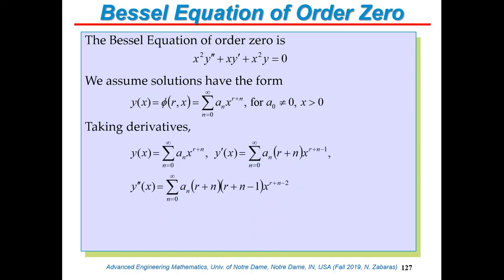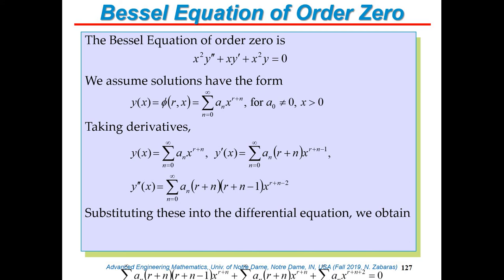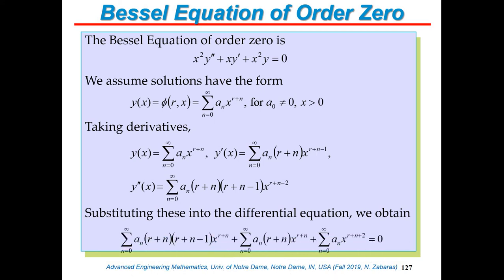And if you take derivatives of this, we have done this multiple times in the last lecture, so you can differentiate term by term to get y prime and y double prime, and you can substitute everything into your differential equation, and you obtain this nice equation that you see on the bottom of the slide.